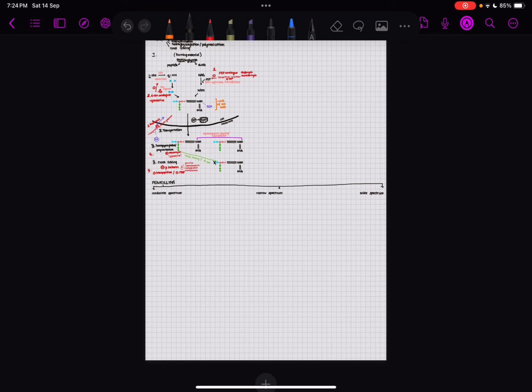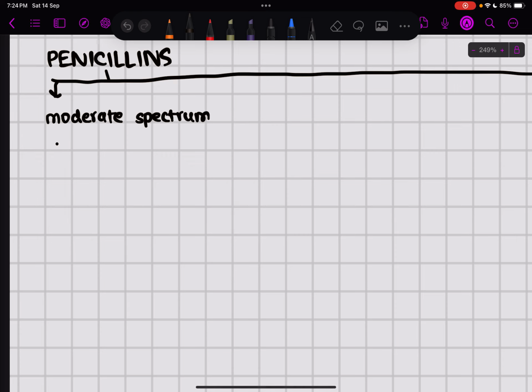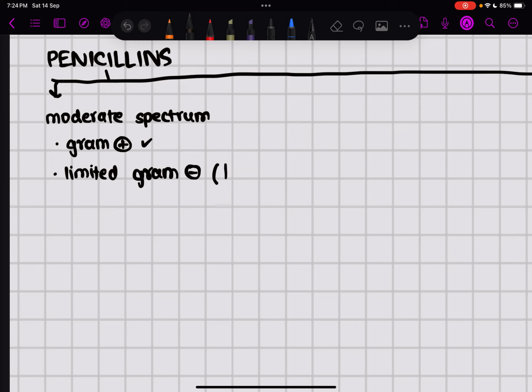Now with moderate spectrum, they act mainly against gram-positive bacteria, and there is limited activity against gram-negative bacteria. Why limited? Because of lower water solubility.